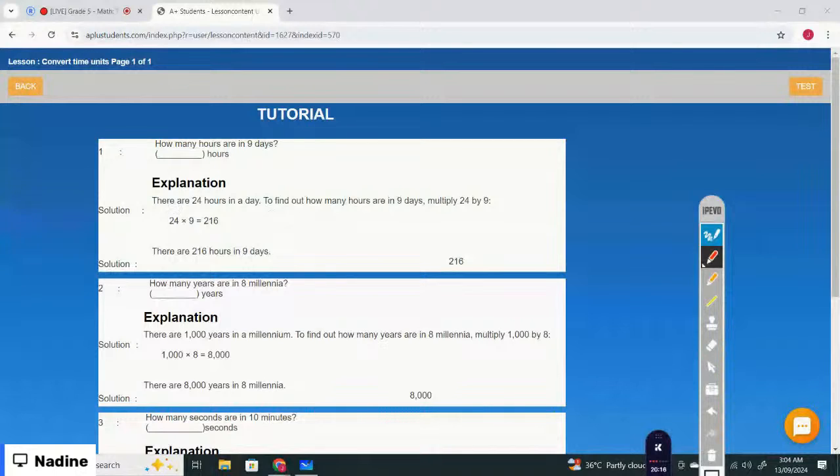How many years are in 8 millennia? There are 1000 years in a millennium, right? So you have to do 8 times 1000, which means there are 8000 years in 8 millennia. The correct option is 8000.